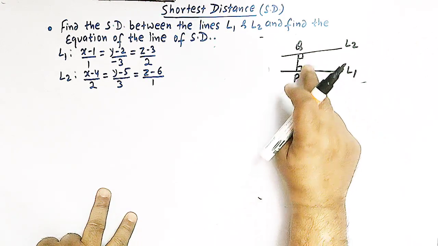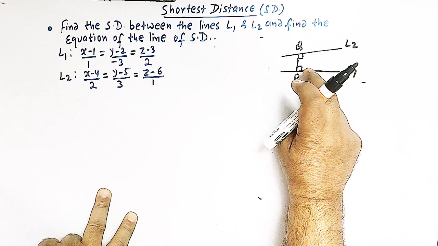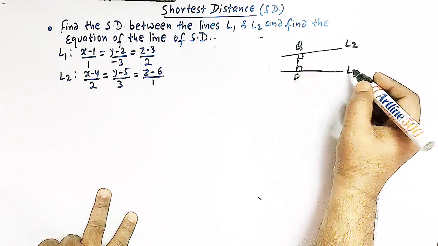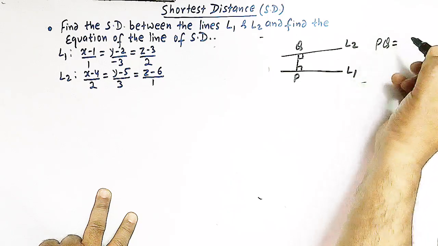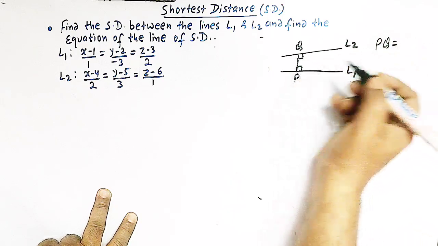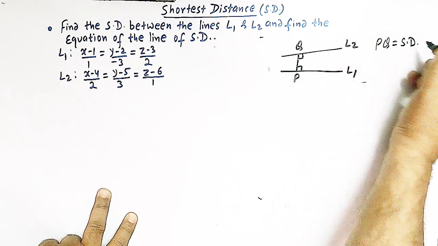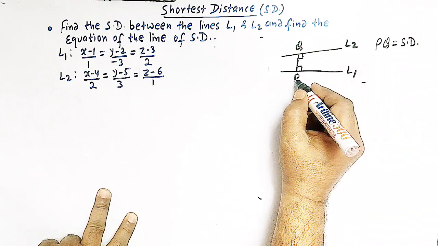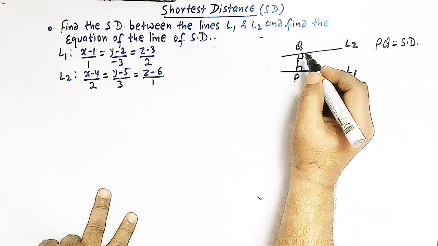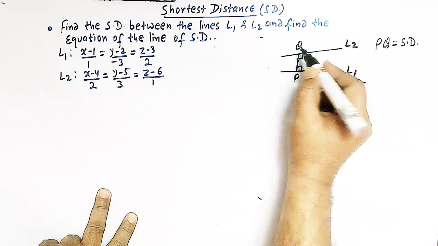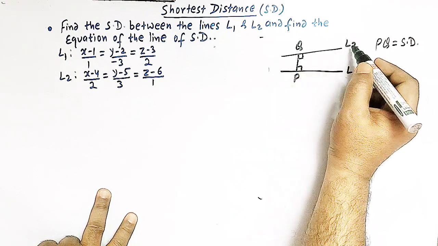So PQ is the line of shortest distance which is perpendicular to both the lines L1 and L2. To find the length of PQ, we need the coordinates of the point P which lies on line L1, and the coordinates of the point Q which lies on line L2.